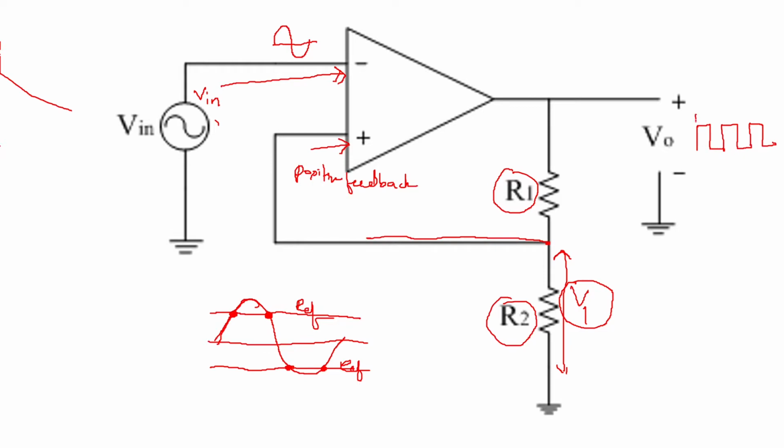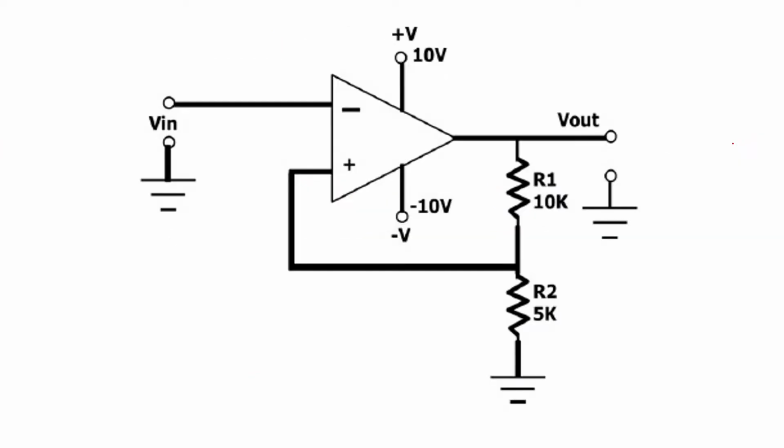So here this can be your plus V saturation and this can be your minus V saturation. In general, we can say that a sine wave is converted to a square wave, or an analog wave is converted to a digital wave. This is how a comparator circuit with positive feedback and inverting input works as a Schmitt trigger.